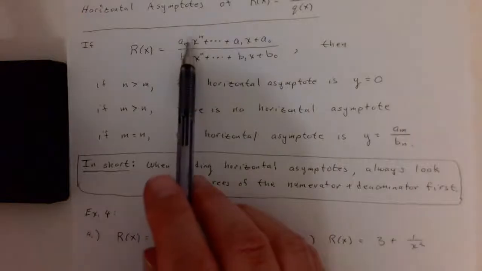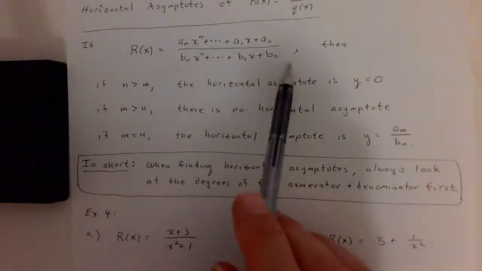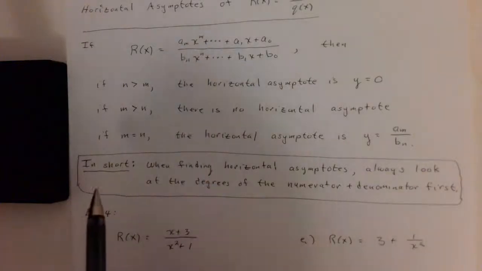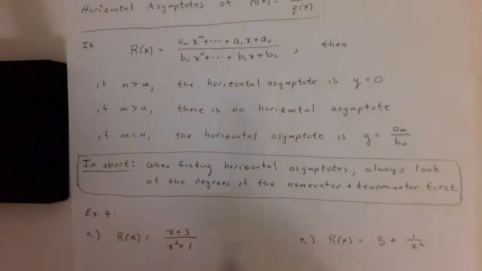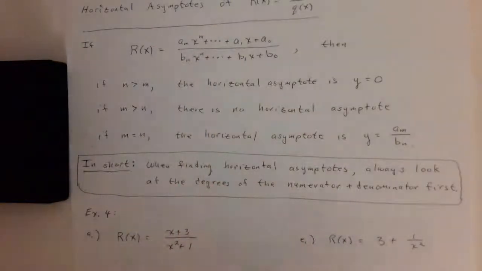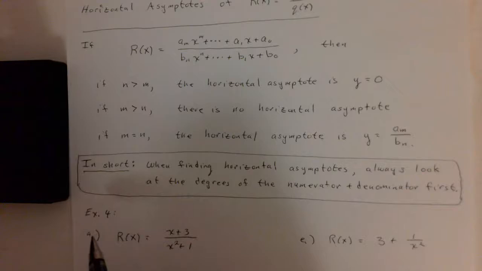So this leading term is going to dominate all the other terms up here. This term will dominate all the other terms down here. So we really just have to pay attention to the leading terms. And so then it is about which leading term changes fastest, and we just look at the degree.